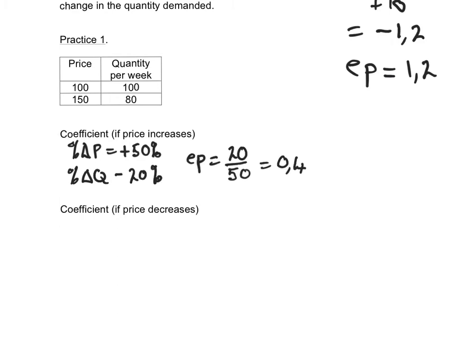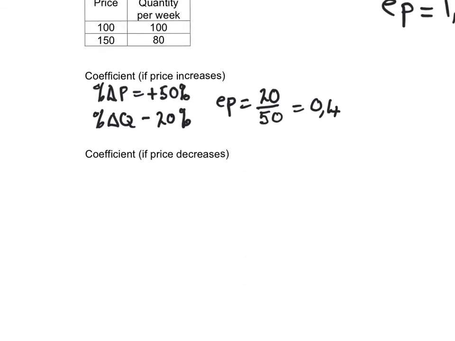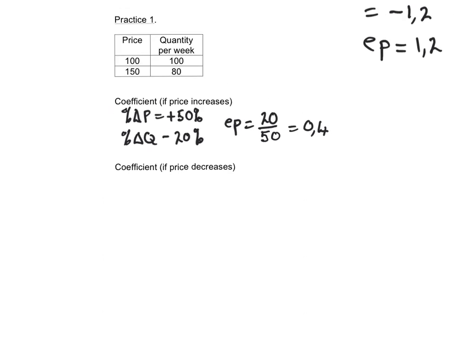That tells us that for every 1% change in the price, there will be a 0,4 percentage point change in the quantity demanded. Let's see what happens if the price decreases. The percentage change in the price is minus 33%, going from 150 to 100.